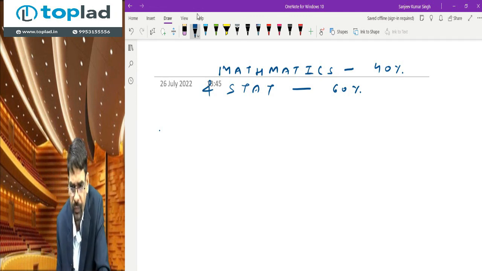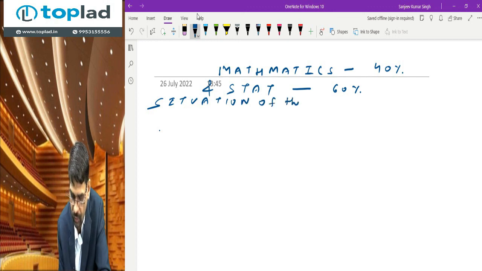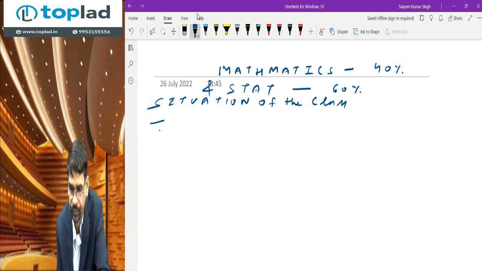And now friends, every class has a situation. Situation of the class. Some of the students have a topper background.